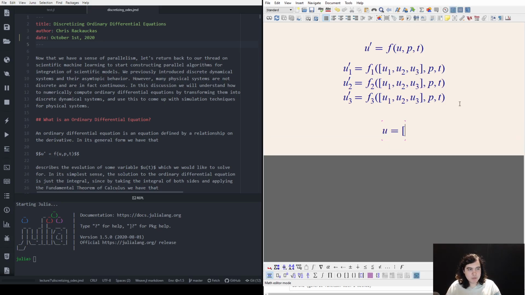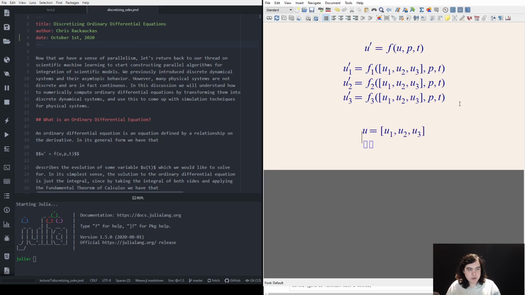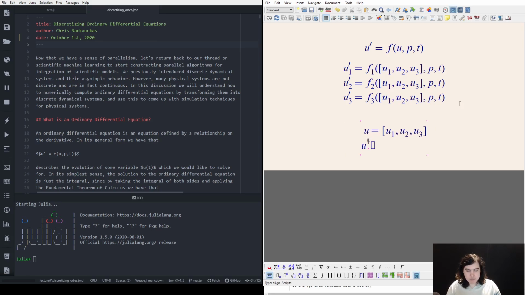u equals u1, u2, u3, and then what we mean by the notation u prime on a vector is simply that this is just u1 prime, u2 prime, u3 prime, right?